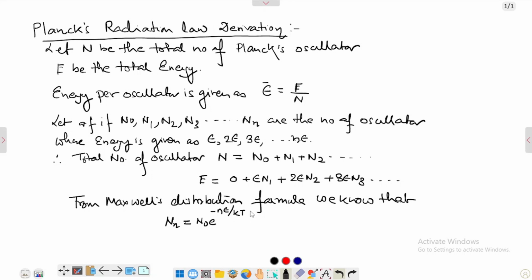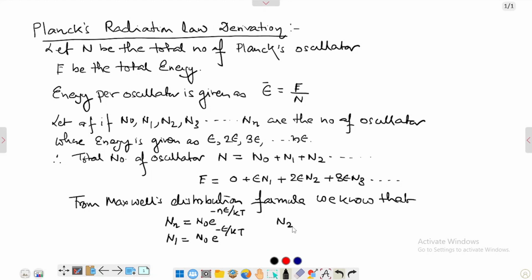Now we can find the values for N0, N1 and N2. For N0, if I plug in 0, epsilon will be 0, so it will be N0. For N1, it will be N0 e to the power minus epsilon by kT.